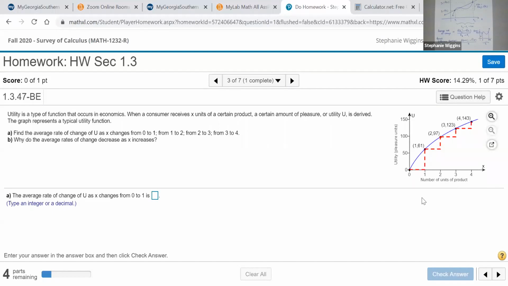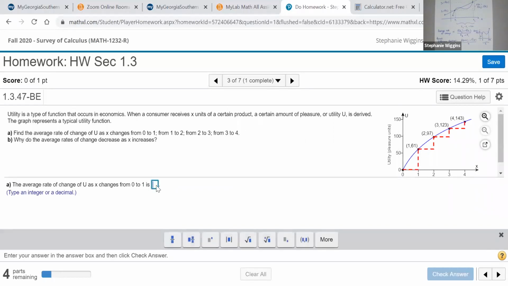So every time the bottom number, the run, is only 1. So that's pretty easy to calculate. You just take the rise and divide by 1, so it's equal to the rise. So for this problem, all you have to do is calculate the rise. So from 0 to 61, the rise is 61. The run is 1, so 61 over 1 is just 61.